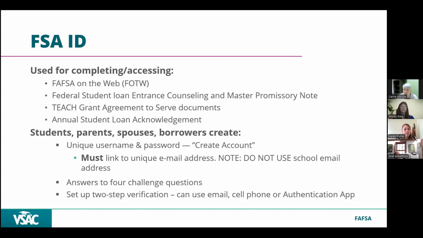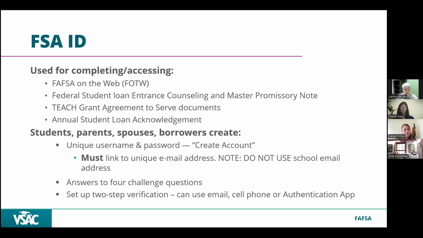So students, parents, spouses, and borrowers create a unique username and password. They also must link that unique username to an email address. So we recommend that students not use their school email address, because a lot of high schools will close those accounts when students graduate.